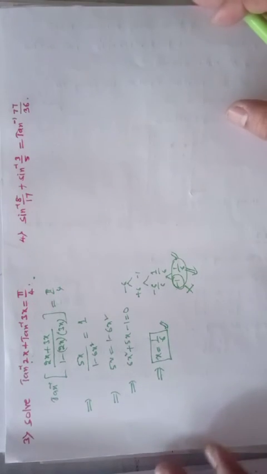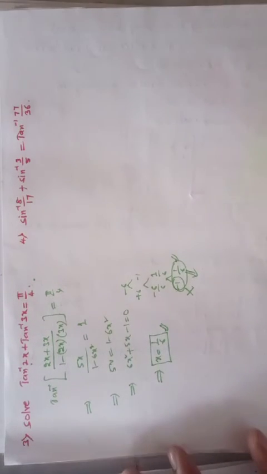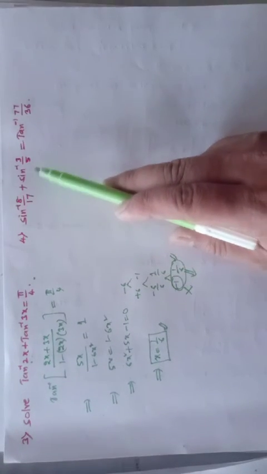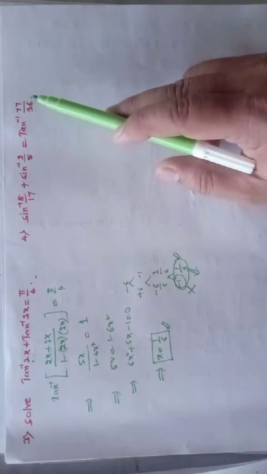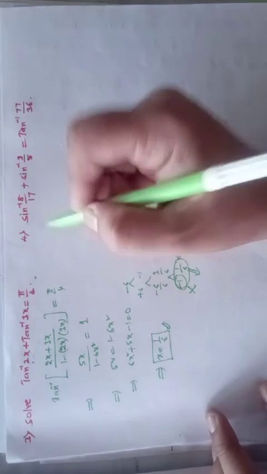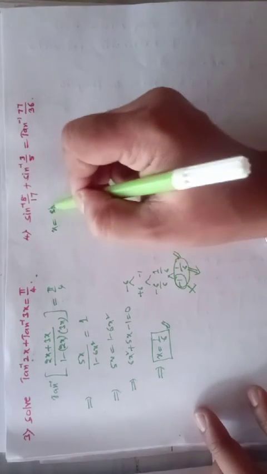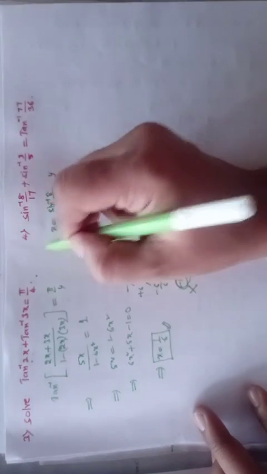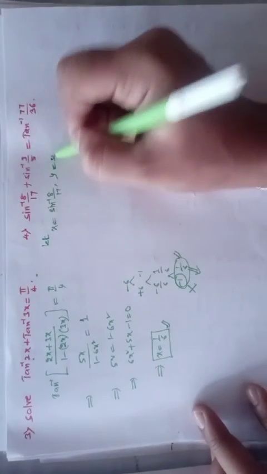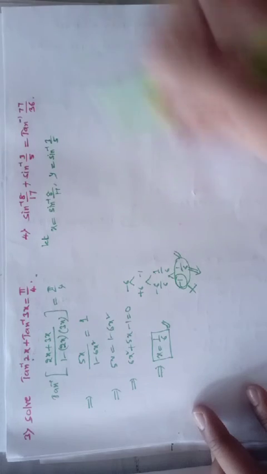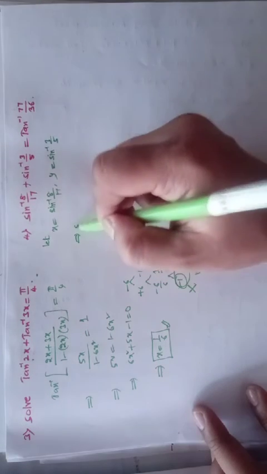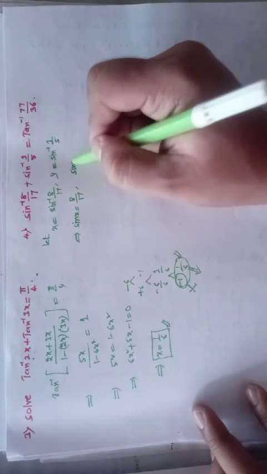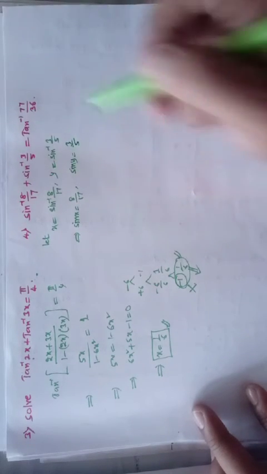Okay, coming to the next type, fourth question. Sine inverse of 8 by 17 plus sine inverse of 3 by 5 is equal to tan inverse of 77 by 36. You convert both of them. Let x be sine inverse of 8 by 17, y be sine inverse of 3 by 5. Then sin x is equal to 8 by 17, sin y is equal to 3 by 5.